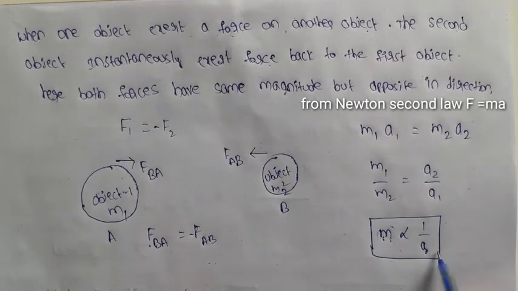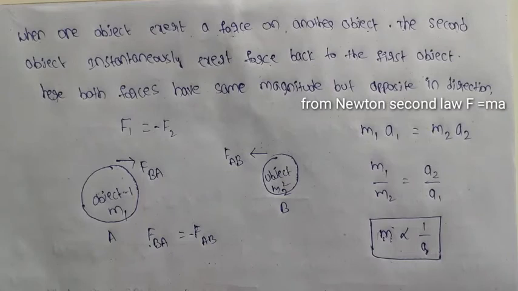So the car has high acceleration and the lorry has low acceleration. From this relation we understand that heavy objects produce small acceleration, and small objects can produce large acceleration.